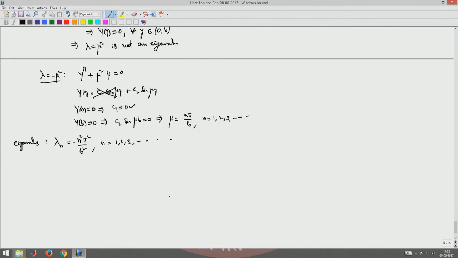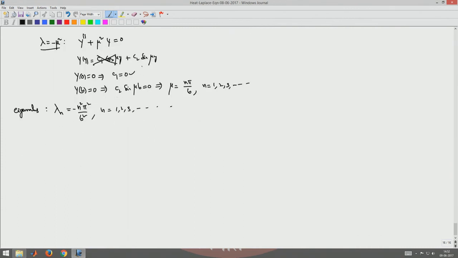Okay. And then eigenfunctions are these solutions, sine eigenfunctions, call this yn of y. I am just labeling as yn as sine. I can take C2 as 1, sin of n pi y by b, again n is from 1 onwards.